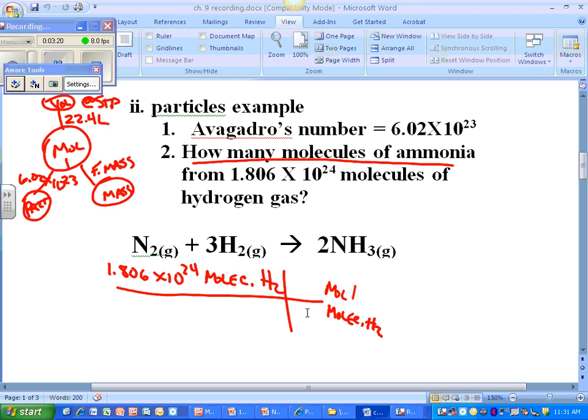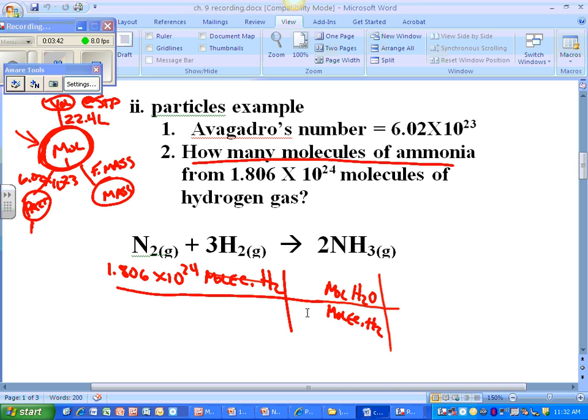The reason that I need to do that is I can jump from mole island of one substance into moles of another. I cannot go from particles of one thing into particles of another. The mole itself is the conversion. It's the common currency that we use between any of these substances within our equation.